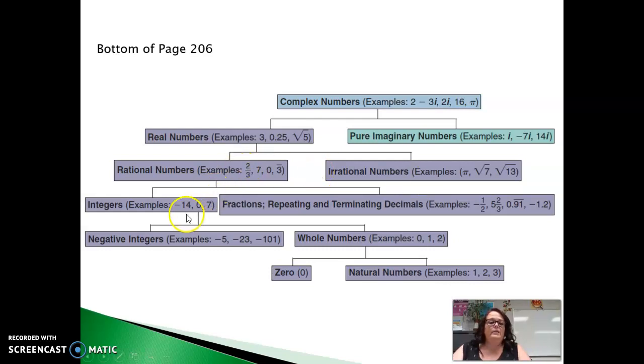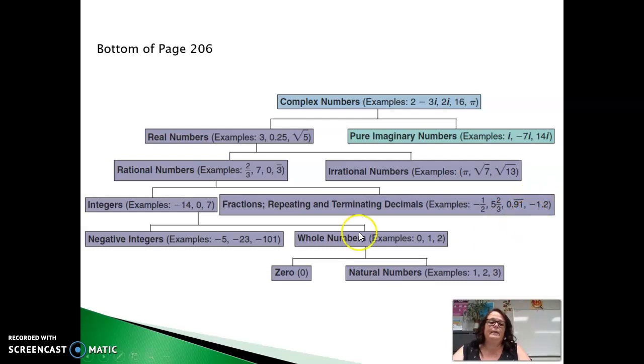Like we said, within the rational numbers, you could have integers, because I can take any integer and put it over 1. And then you can have fractions, repeating decimals, and terminating decimals. Fractions can be proper or improper, and then you've got an integer over an integer. Repeating decimals and terminating decimals also have ways to be turned into fractions.